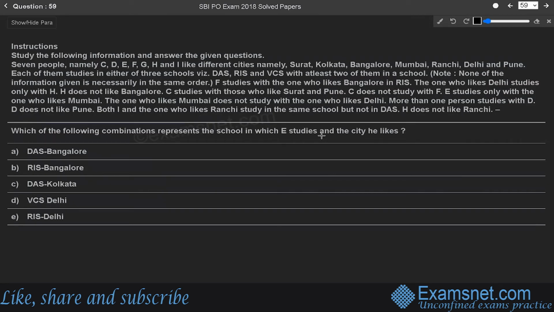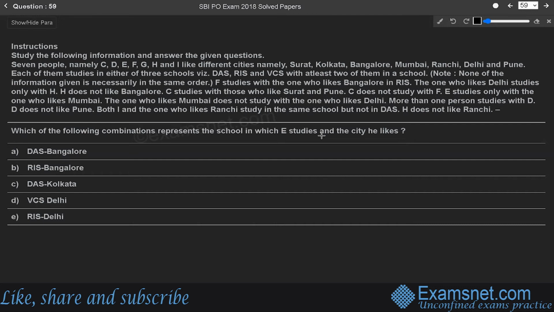Moving on to the next question. Study the following information and answer the given questions. 7 people, namely C, D, E, F, G, H, and I, like different cities, namely Surat, Kolkata, Bangalore, Mumbai, Ranchi, Delhi, and Pune. Each of them studies in either of the three schools, DAS, RIS, VCS, with at least 2 of them in a school.